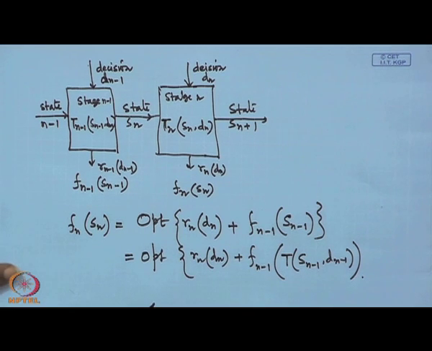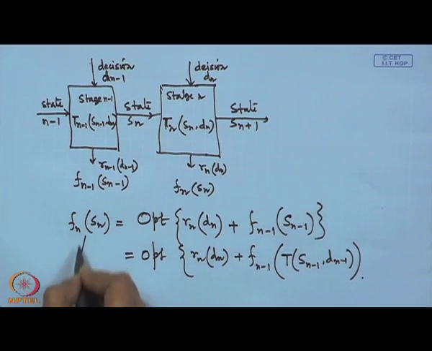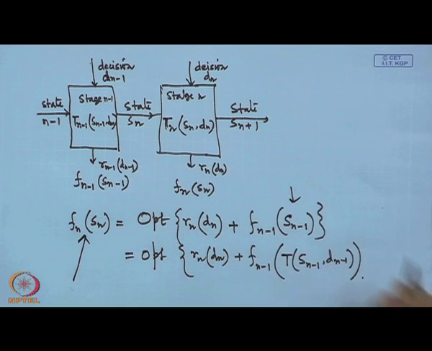That is the basic idea for considering the optimal solution of the current state. We have considered the forward recursive relation. I am calculating the optimal value for the nth stage, which depends on the optimal value of the previous stage. That is the principle of optimality, as I explained before.